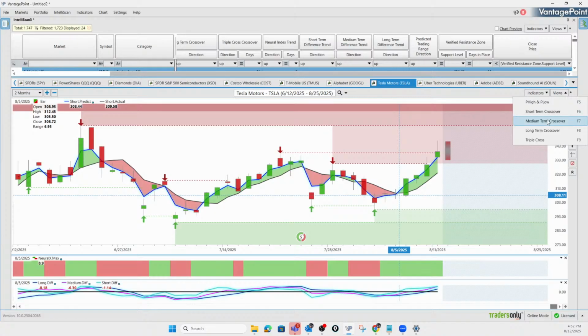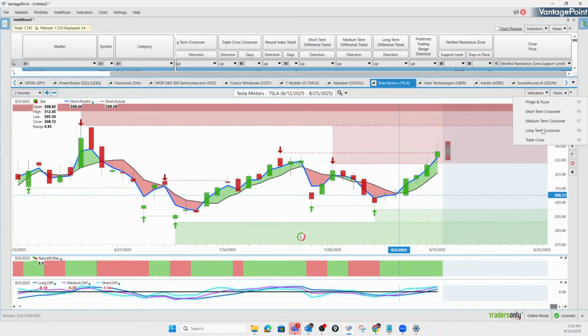The medium term predictive moving average looks out 2 days at the trend, whether it's expected to be bullish or bearish. The long term, more conservative, looking out 3 days. And then with our most conservative, the triple cross being that area of integrity of the trend. Also key levels here within the triple cross. So we can take a look at that in a moment.